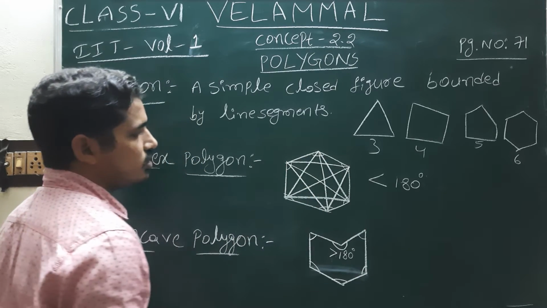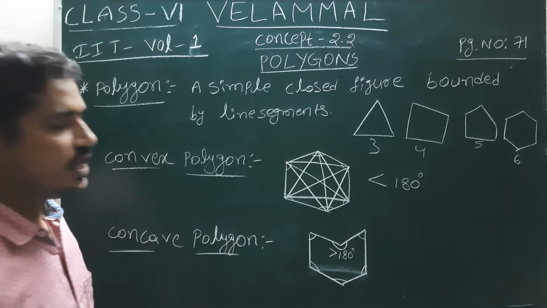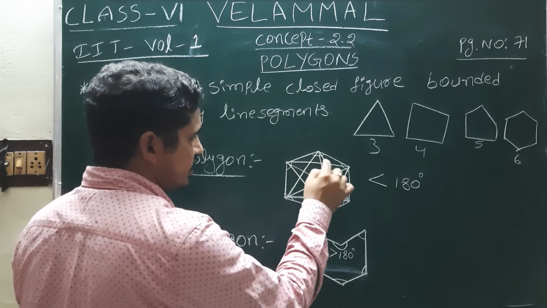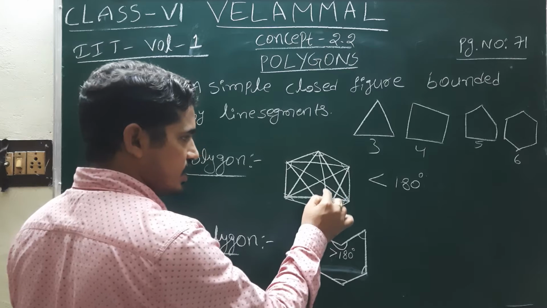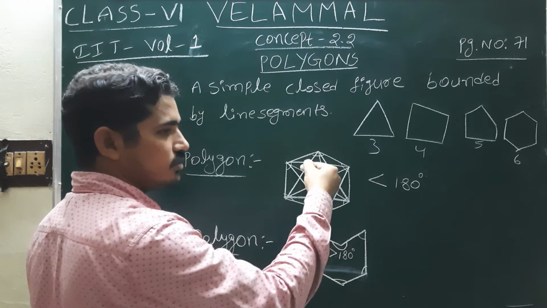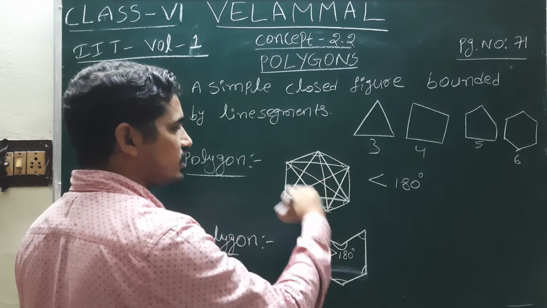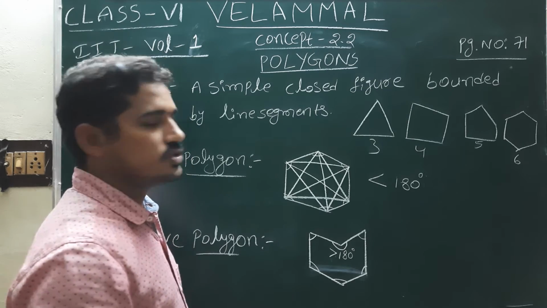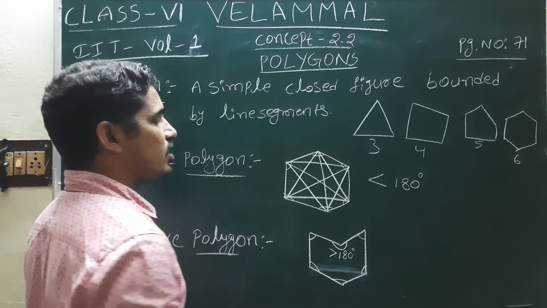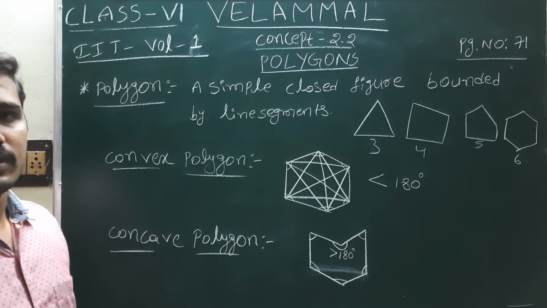Now we got all the diagonals of this figure. If you observe, each and every diagonal of the figure is inside the polygon. It is not crossing, it is not coming out of the polygon. So these types of polygons are called convex polygons.